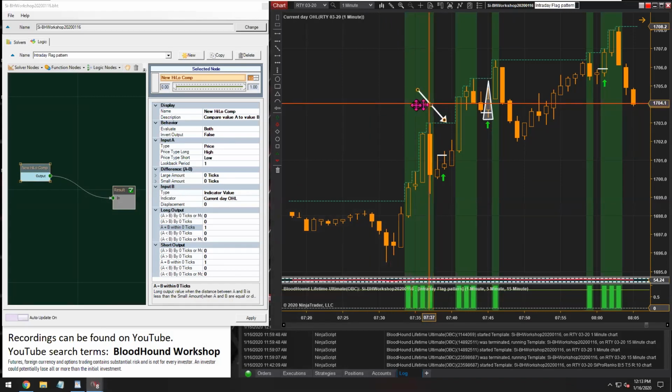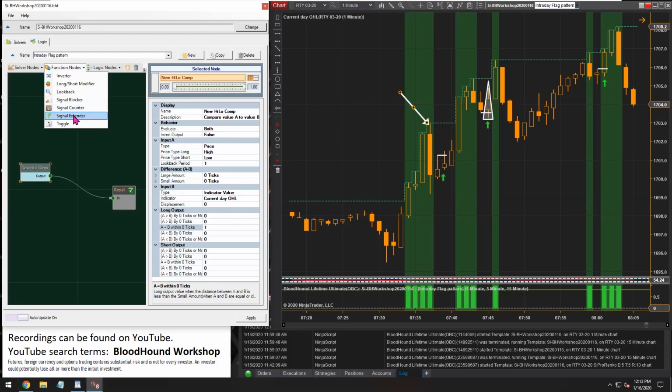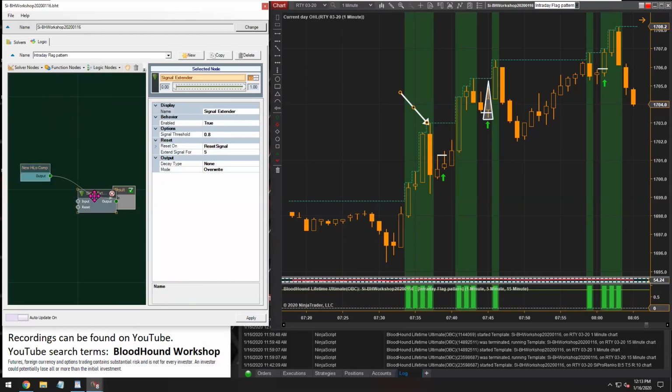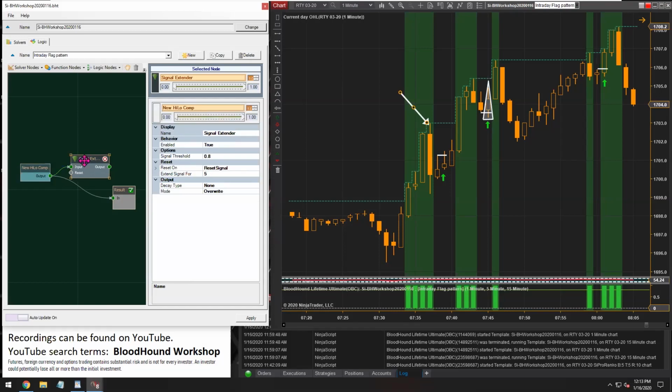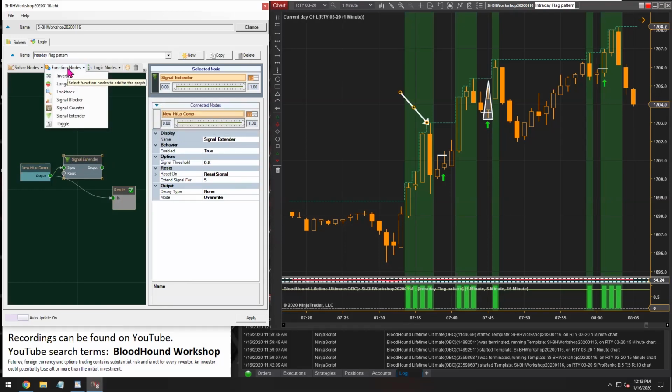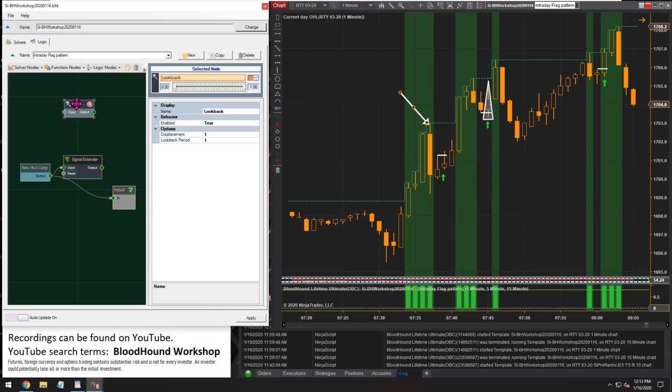To do that, I'm going to use this signal extender. I could use the look back node as well. For this particular situation, either one will work fine. If I use the look back node, there's a look back period I could set to 5 and then use the max mode.